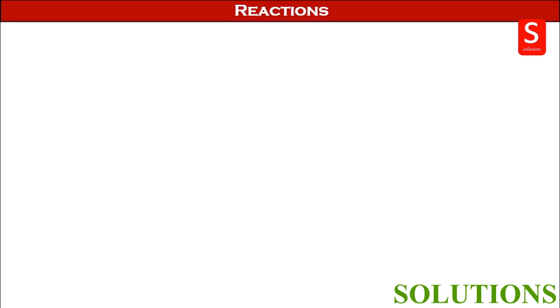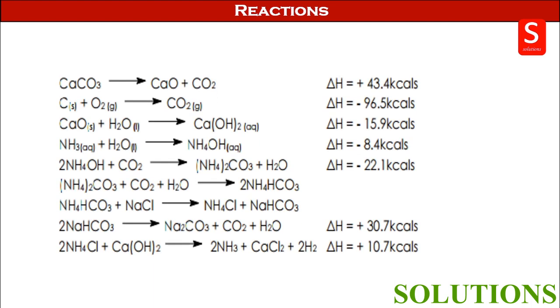Now we will see how the process reaction takes place. Soda ash cannot be obtained by direct reaction; it undergoes a series of steps. First, the raw material limestone, otherwise called calcium carbonate, is decomposed into calcium oxide and carbon dioxide. The energy change during this reaction is plus 43.4 kilocalories.